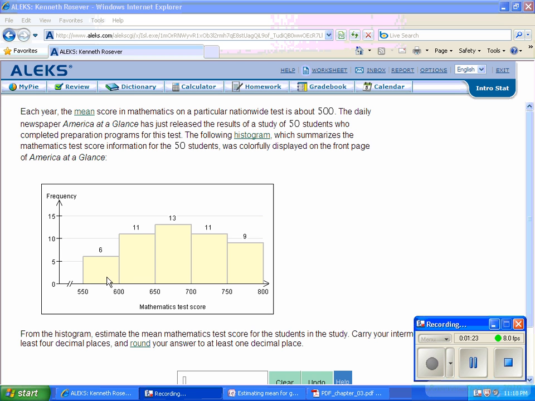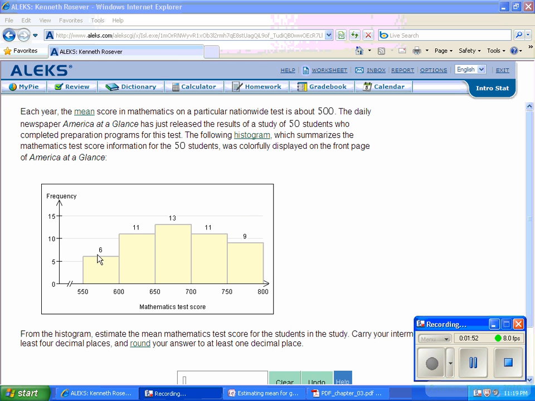What I can do is I can estimate it based on this. And my estimate is going to be based on, since I don't know exactly where these 6 students are in here, the midpoint. Now, normally, you add up all the data and divide by the number. In this case, I'm going to go through a process that pretty much amounts to the same thing.